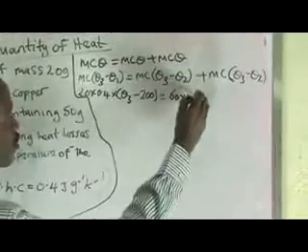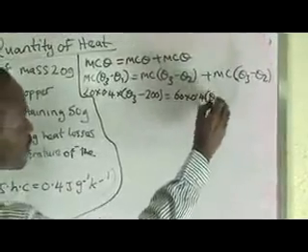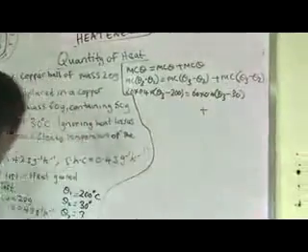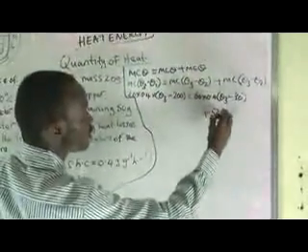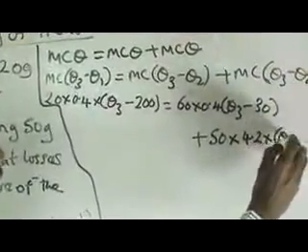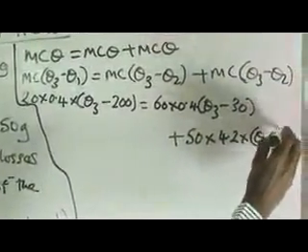For the copper calorimeter, we have 60 times 0.4 into (theta 3 minus theta 2, which is 30), plus for water, the mass of water, which is given as 50, times the specific heat capacity, which is 4.2, into (theta 3 minus 30).